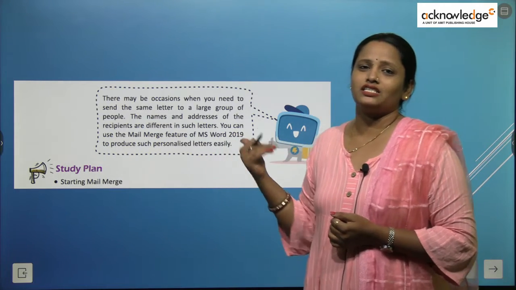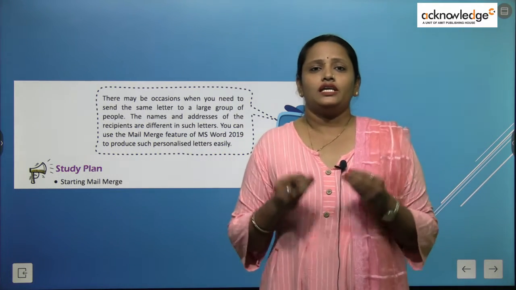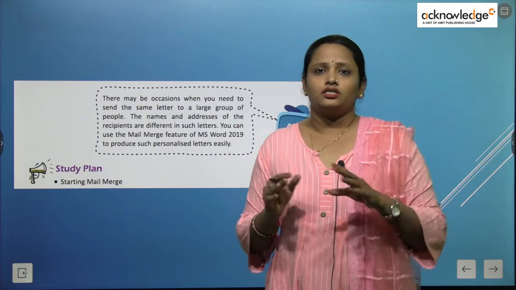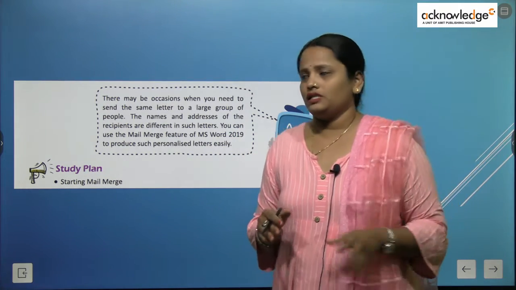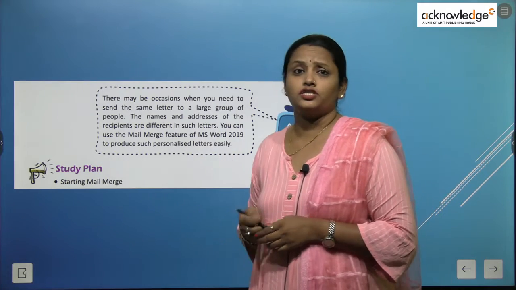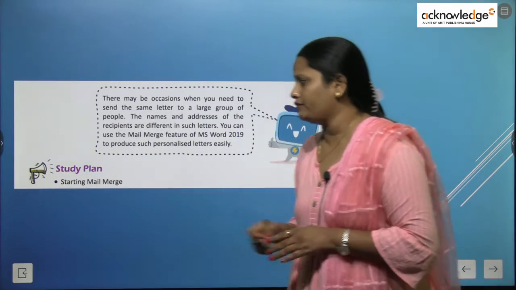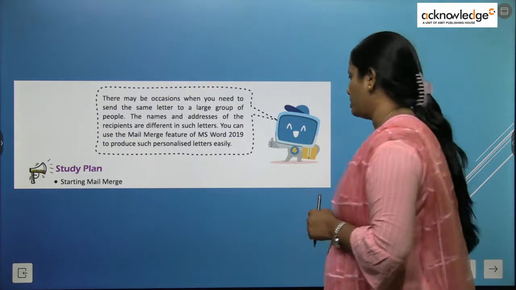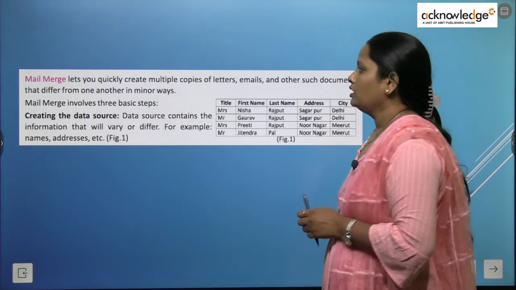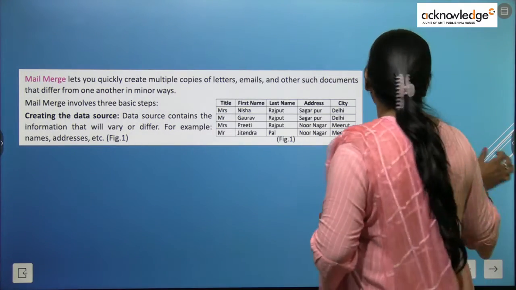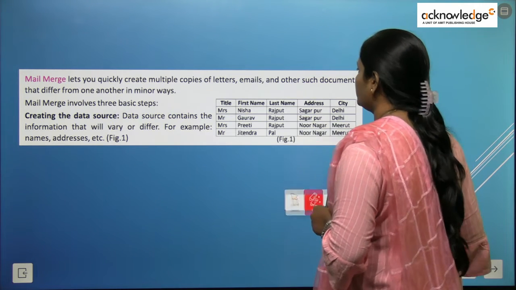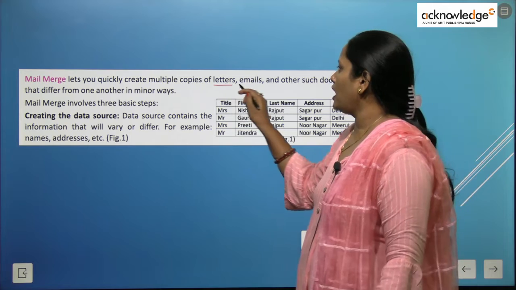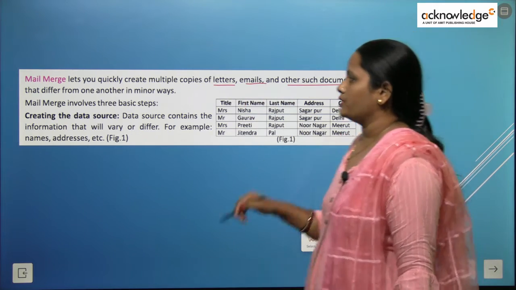So by using this mail merge feature, we can easily send letters. The same letter can be sent to multiple addresses and multiple people. So in this chapter we are going to learn how we can start mail merge. Mail merge lets you quickly create multiple copies of letters, emails and other such documents.